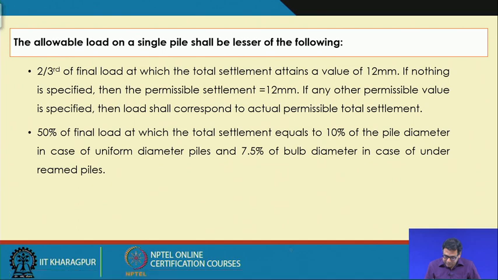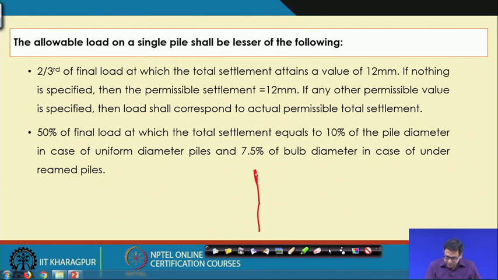That means, if we have a load settlement curve like this, this is load and this is settlement. Suppose this is the 12 millimeter settlement.